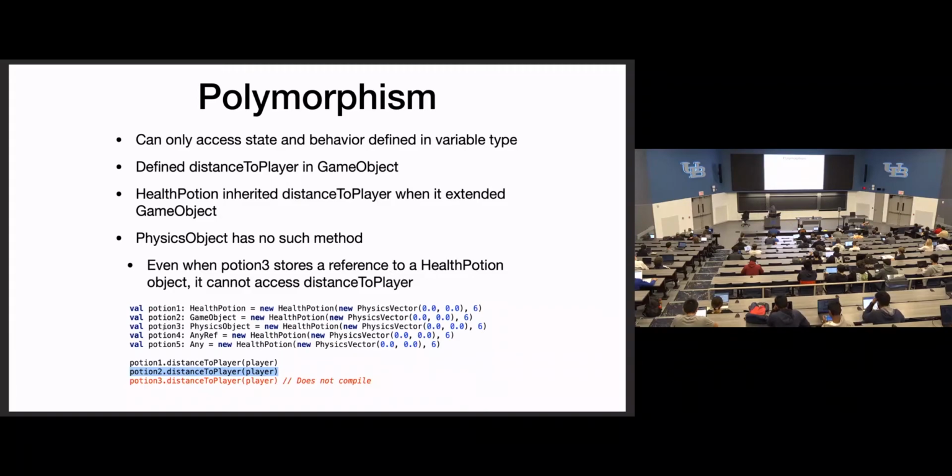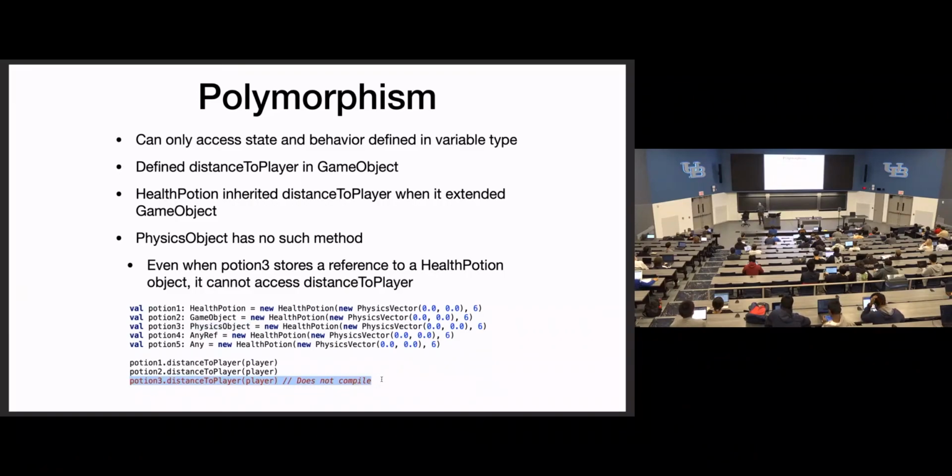But once we get to potion 3, this variable is of type physics object. It happens to be storing a health potion. So potion 3 does have a distance to player method. It's defined, it's there, it's sitting right there waiting to be called. But since potion 3, the variable, is of type physics object, we don't have access to this. In fact, this doesn't compile at all. We can't run this code.